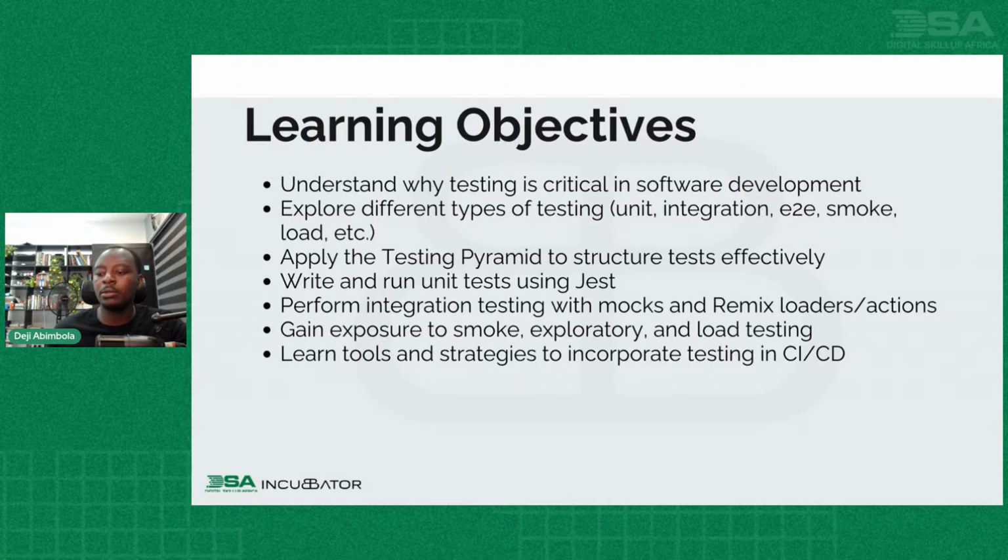I will describe what Jest is, and then performing integration testing with mocks and Remix loaders and actions. Well, if we're able to touch on our React app, we'll do some integration testing for the React app. But the objectives also include gaining exposure to the other different types of tests like smoke, exploratory, or load testing.